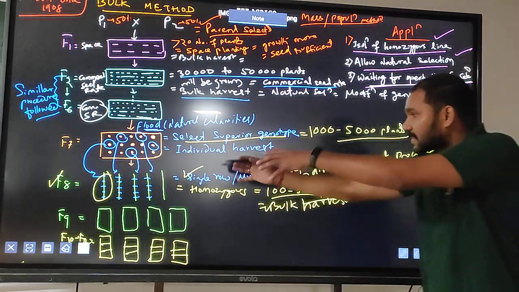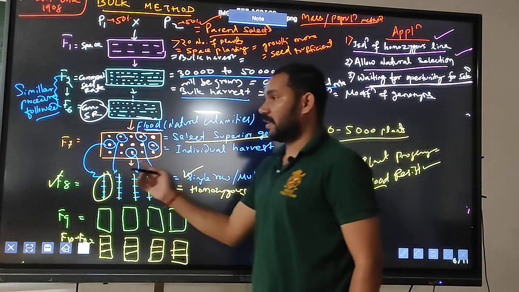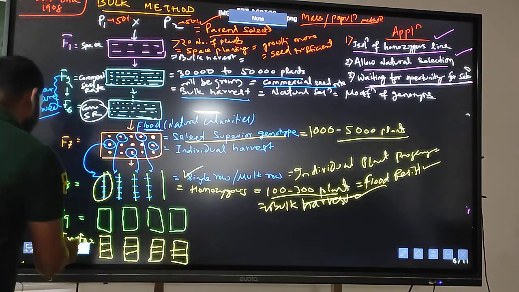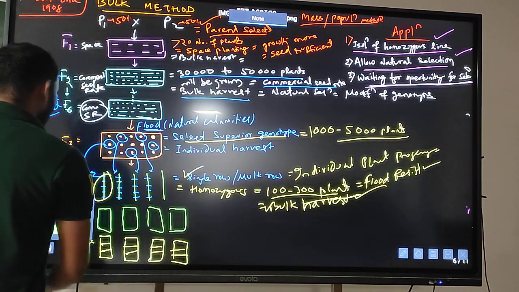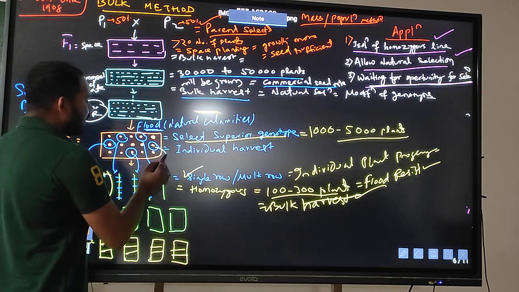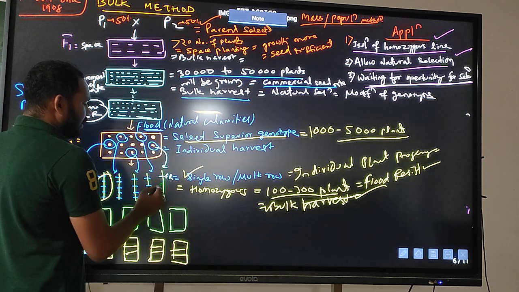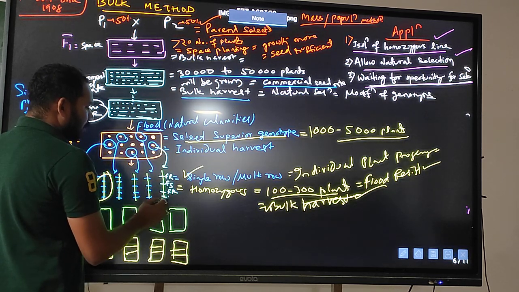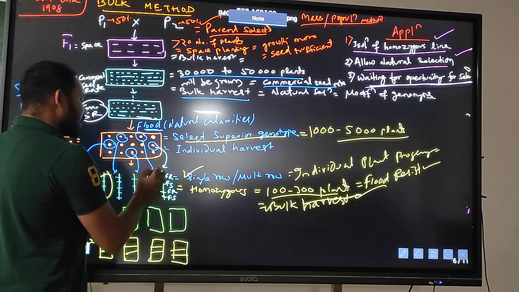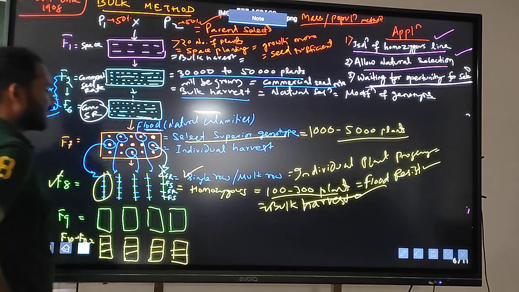In this case, if there is a chance of segregation, I have already told: if this plant shows segregation, meaning some are flood resistant and some are flood sensitive, then this plant will be rejected.